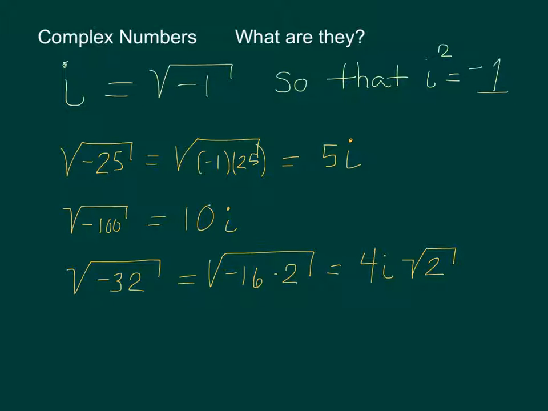Keep in mind when we had our rule earlier that said the square root of a times the square root of b was the square root of a times b, we did say that a and b had to be both positive numbers, greater than 0.